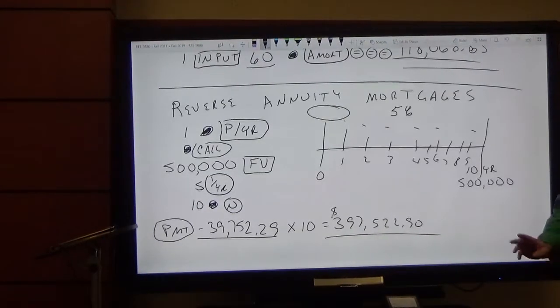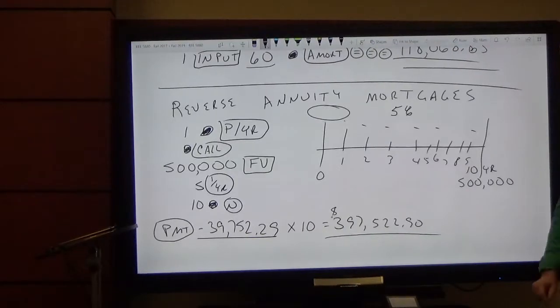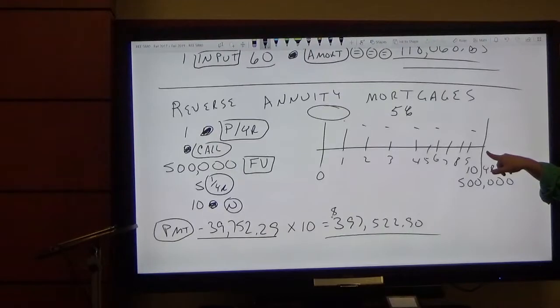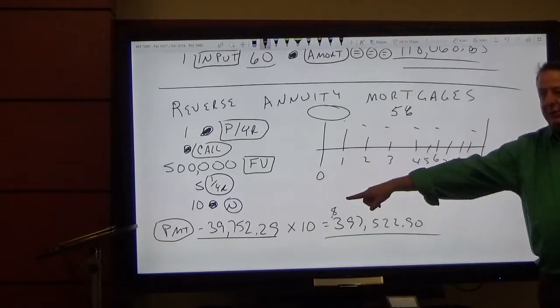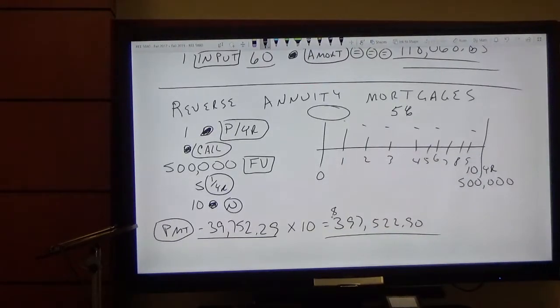But here's the catch. They say, okay, number one, why would I do this? Well, here's the reason. I get to live in my house for the next 10 years, and I get this dollar amount each year for the next 10 years. But what happens at the end of that 10 years? Basically, I either have to come up with $500,000 or I lose my house.